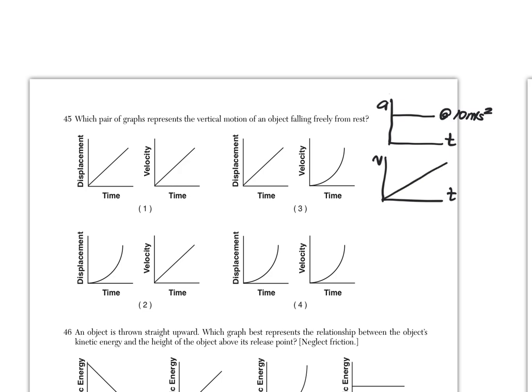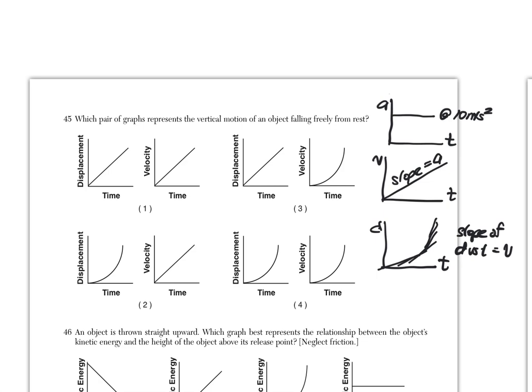And then velocity versus time, or speed versus time, is going to be a steady rate, because I know that the slope of velocity is acceleration, and we just said the acceleration is constant, so the slope would be constant. So we'd have a steady slope. And then the displacement versus time, if the velocity is increasing, then the slope of the d versus t, because we know that slope of d versus t is equal to velocity, should be increasing.